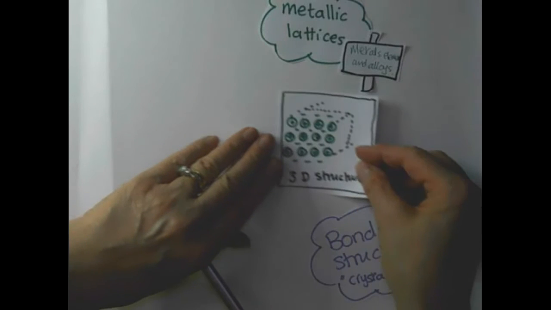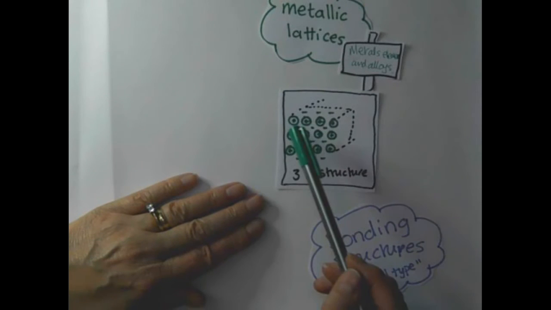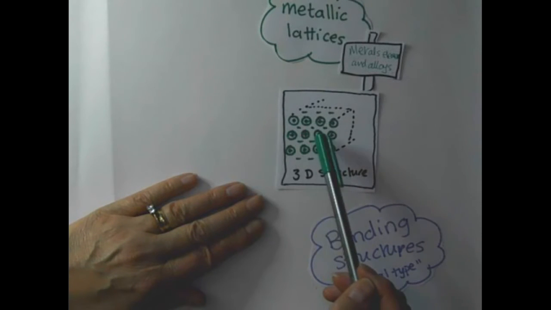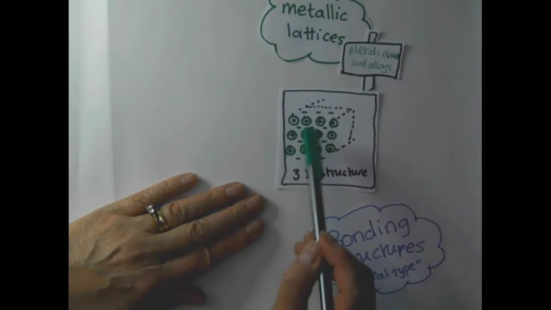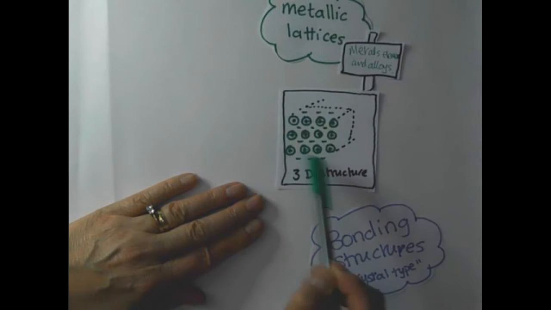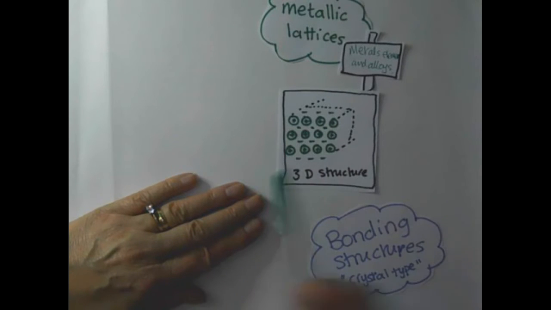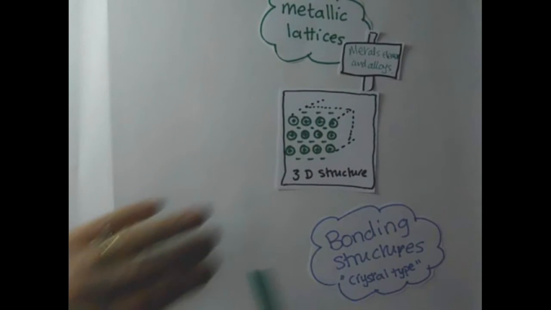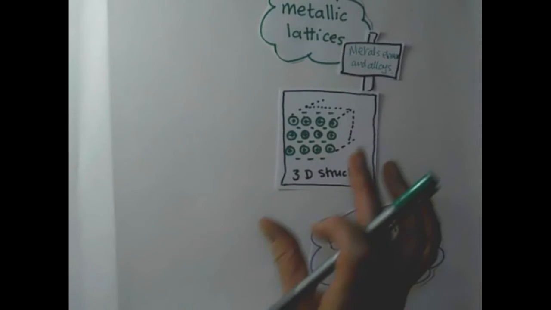So this is my metallic bonding. I just want to point out that I've got positive metal ions inside this 3D lattice, and the free electrons are in the spaces in between. These metal ions do not touch, and it's a 3D lattice, and it extends infinitely in all directions, obviously to a point where they eventually get to the edges. So we will see this type of bonding in metallic lattices.